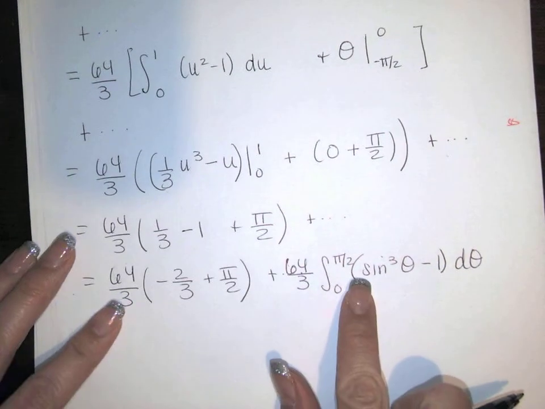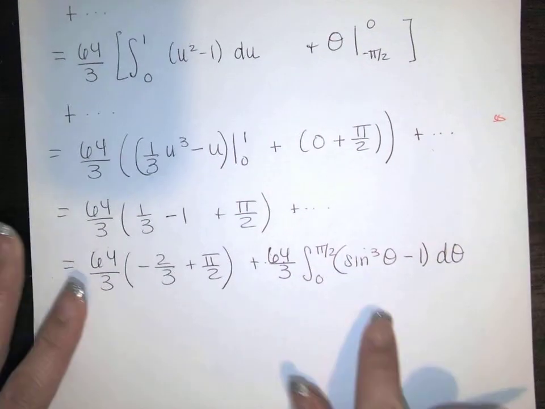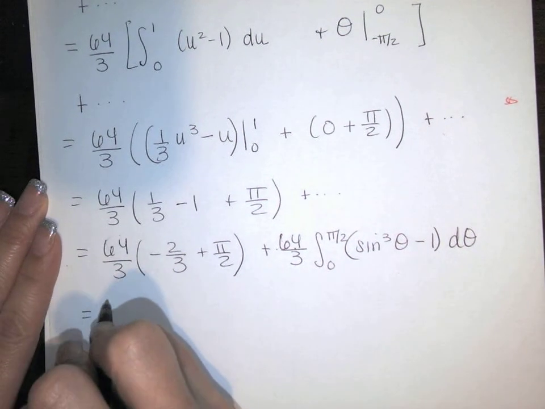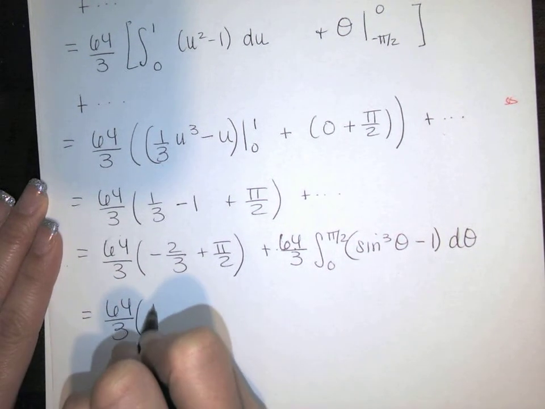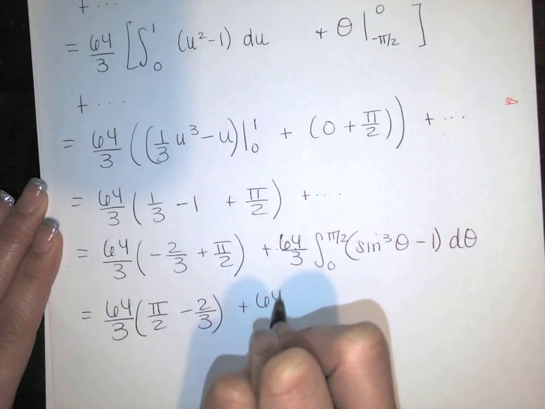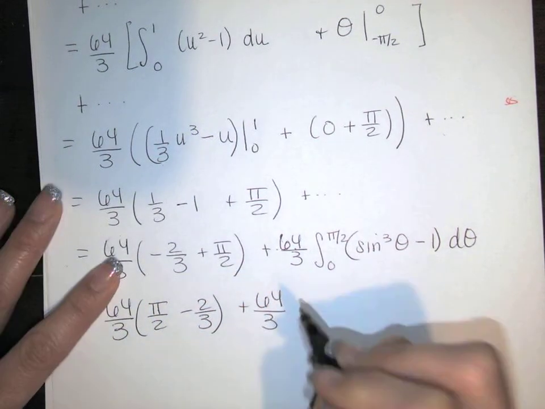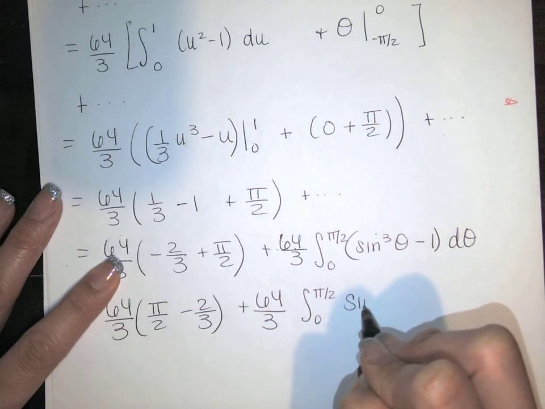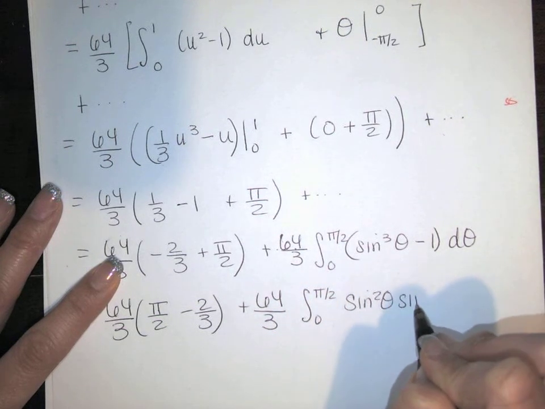And this is pretty much the same integral that we just did. So after doing your U sub, well, actually we probably shouldn't do that. Let's show all of our work. Replace sine of theta, or sine cubed theta, with sine squared times sine.